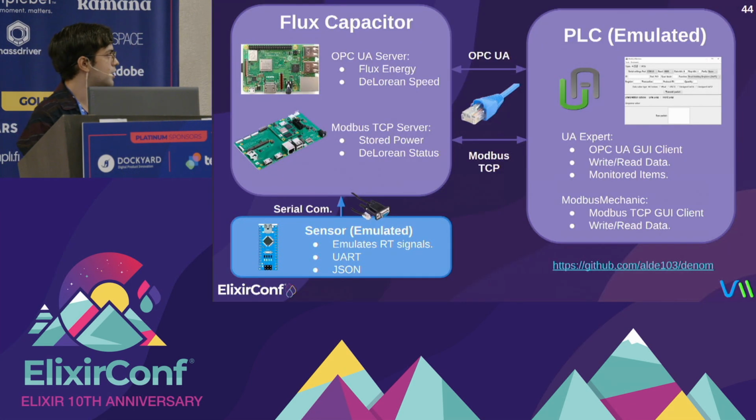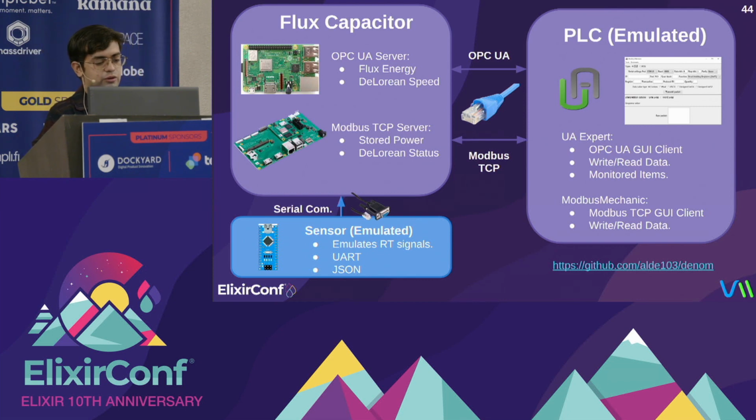This is the setup. The flux capacitor that I was talking about at the beginning will be simulated by a Raspberry Pi. It will have two servers, one Modbus TCP server and the other OPC UA server. Both of them have two independent variables, and I will connect later an Arduino Nano just to simulate the physical environment, and this device will override some variables of the server.